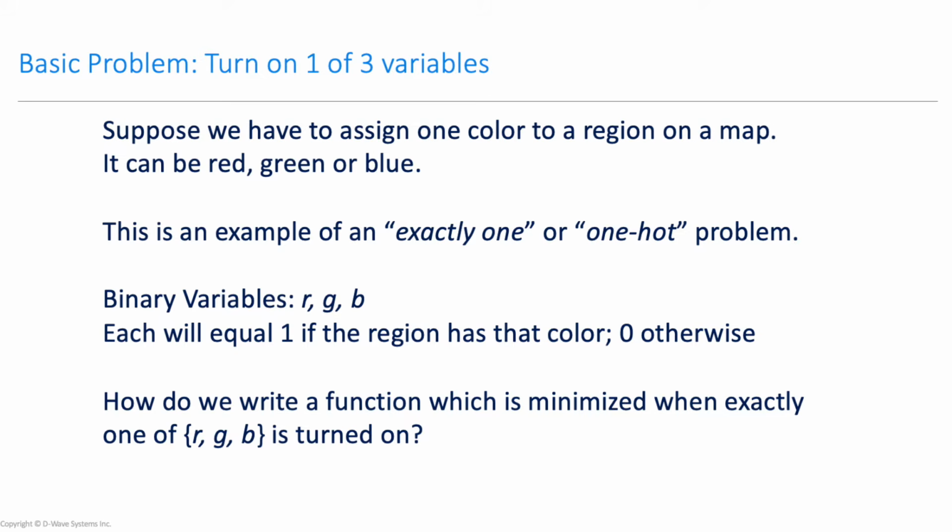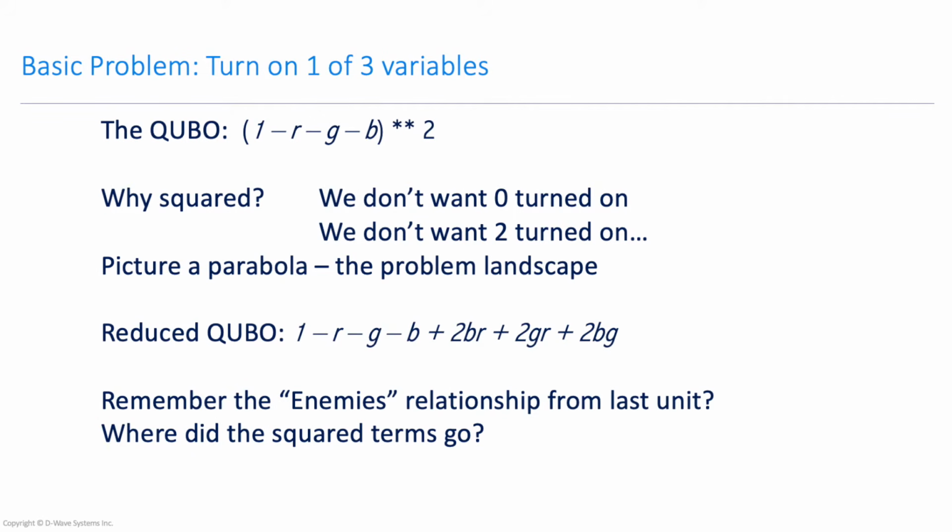So how do we write a function which is minimized when exactly 1 is turned on? Not 2 and not 0, just 1. And a solution to this problem looks like this. And I'm going to just show it to you and then convince you why it works. The QUBO function for this is (1 - R - G - B) squared.